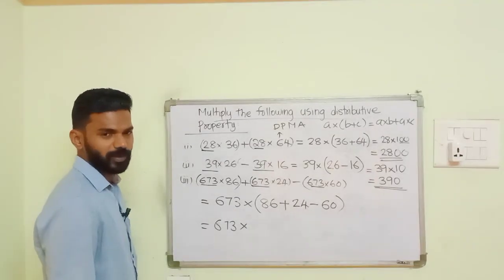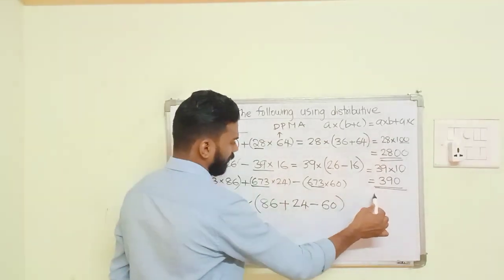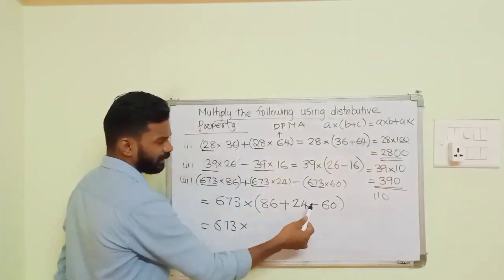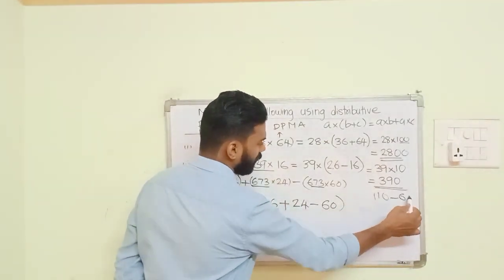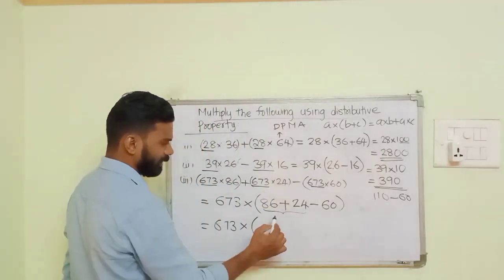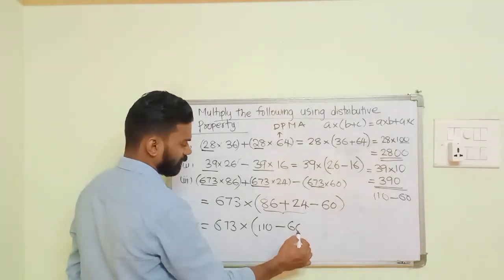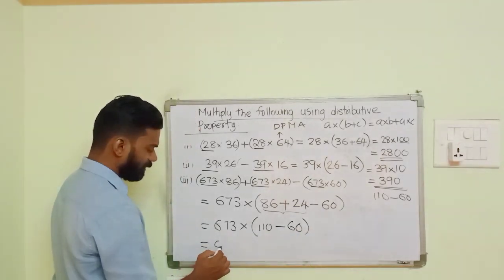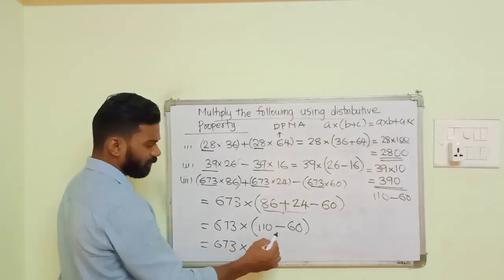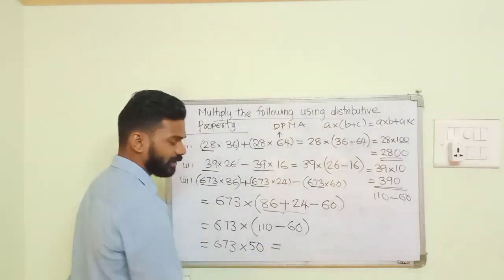How much would it become? Yes, it would become 110. And that 110 minus 60 will be there. So first of all I am adding these two, so that in the bracket it will become 110 minus 60. So how much would it become? 673 into, what is 110 minus 60? It will be 50.